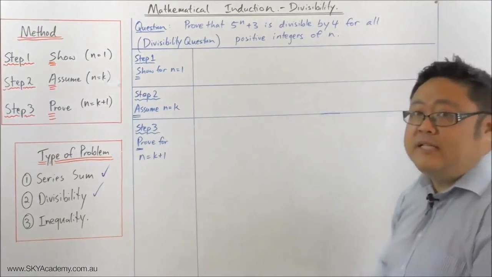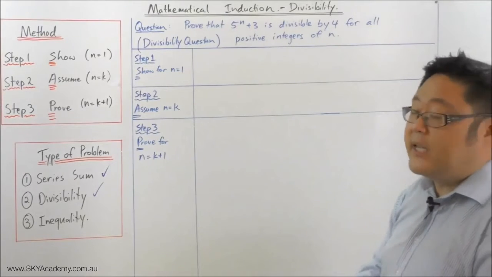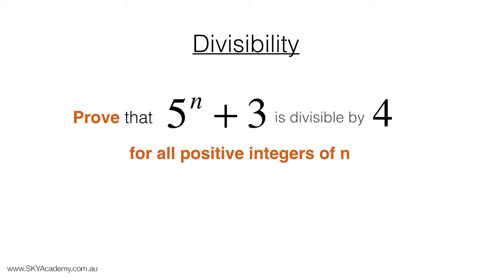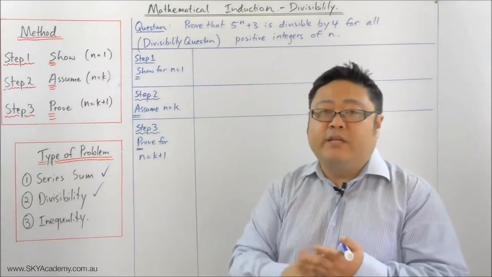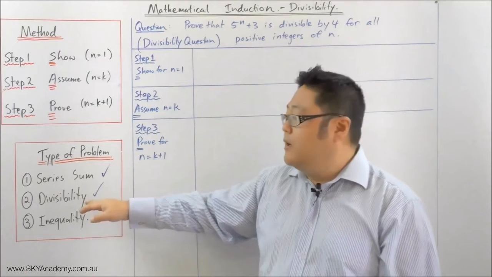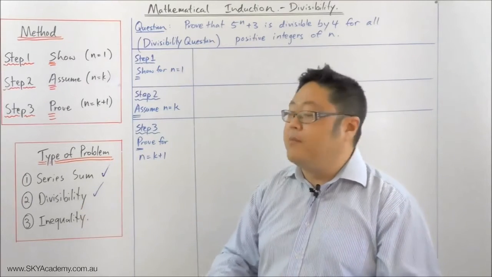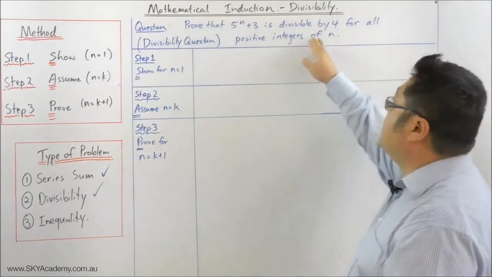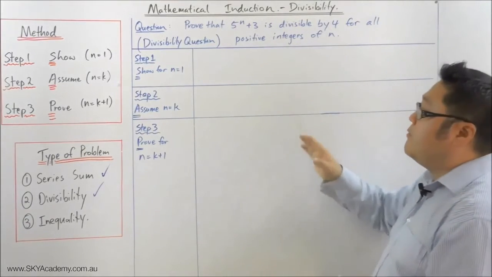The type of question you might get is: prove that 5 to the power of n plus 3 is divisible by 4 for all positive integers n. Like I said, there are only three types of problems they could ask you: a series type question, a divisibility type problem, and an inequality type problem. Let me run through it with you.